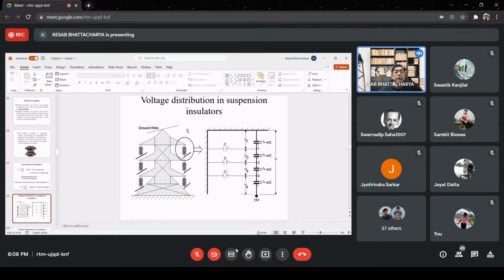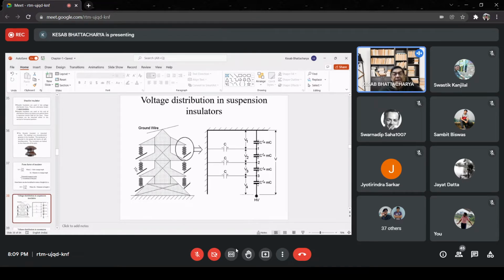Likewise, here also, for each disc between live potential and ground potential, one capacitance will be formed. Let those capacitances be C prime, that is equal to M into C. What is M? We shall explain.